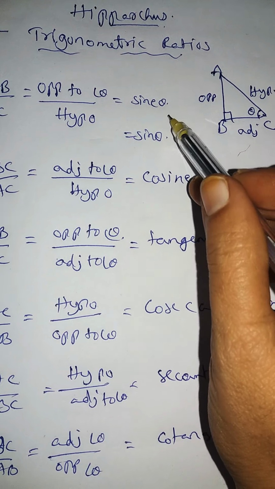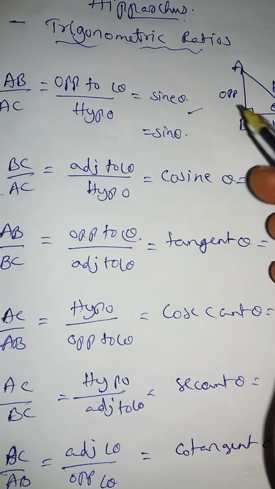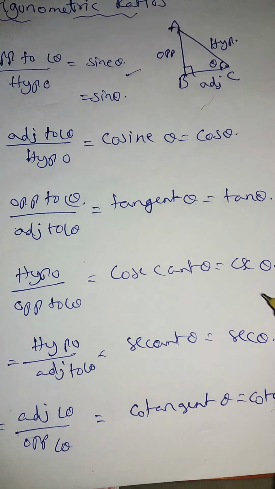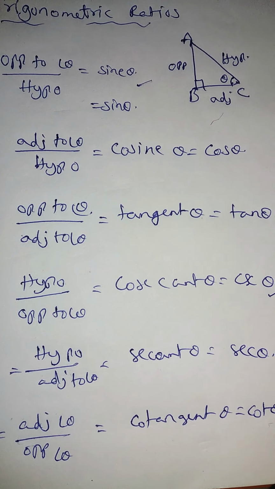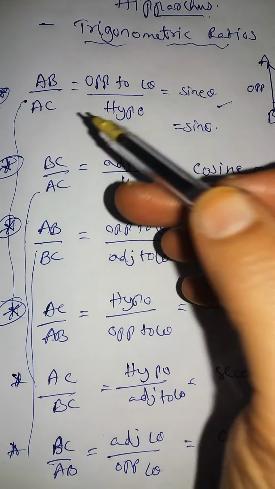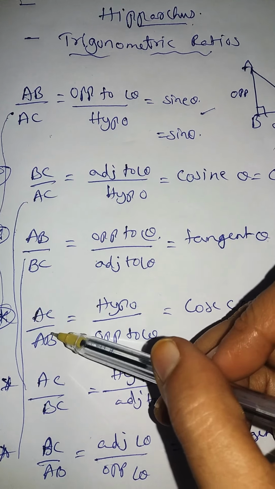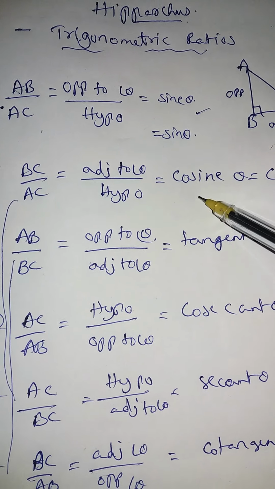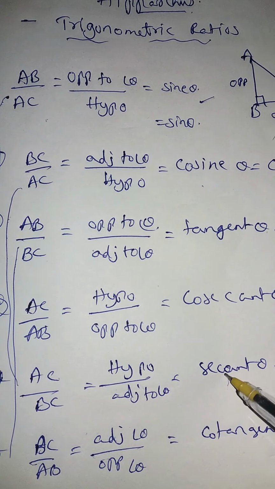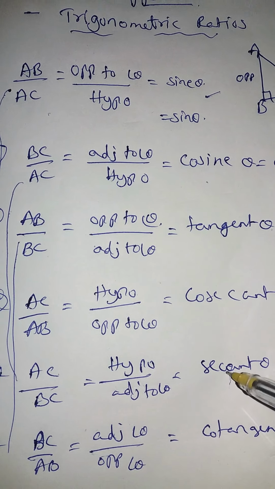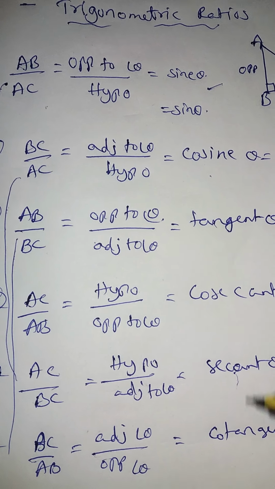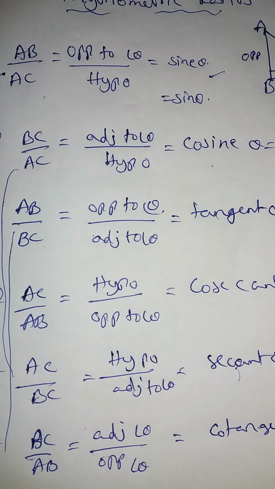Also observe here, sin theta and cosecant theta are multiplicative inverses of each other, AB by AC, AC by AB. Cosine theta and secant theta are multiplicative inverses of each other. Similarly, tan theta and cot theta are multiplicative inverses of each other.